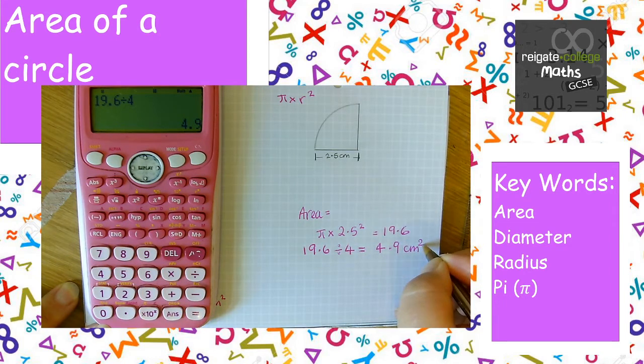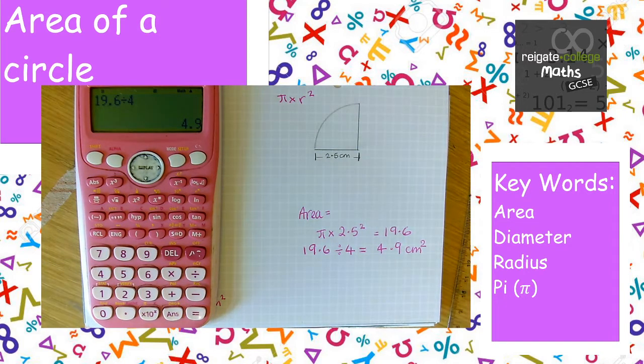The area of my quarter circle is 4.9 centimetres squared.